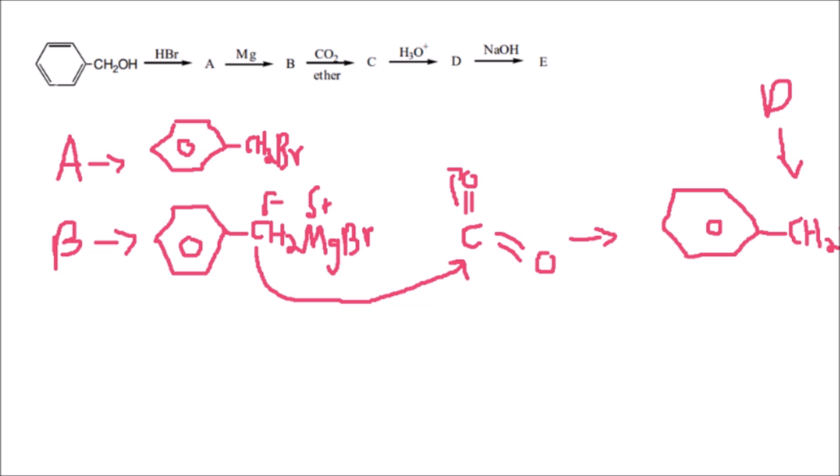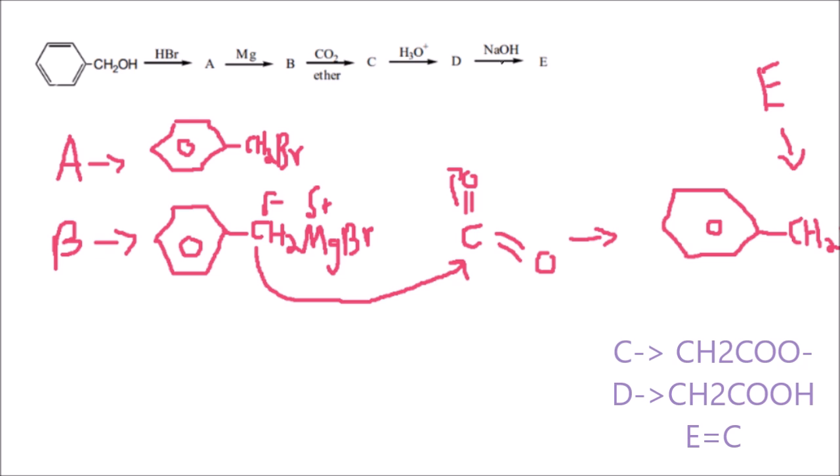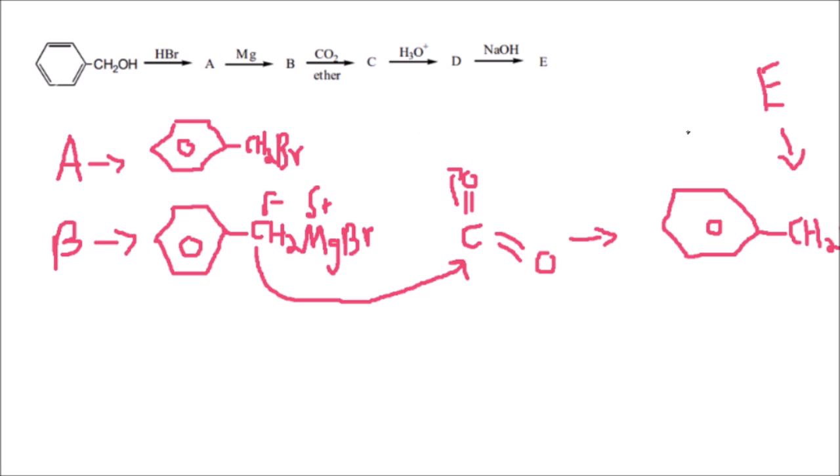So C was O minus here, and this is D. And if we react the carboxylic acid with a base, obviously the base is gonna deprotonate the carboxylic acid, so we're gonna get back to C. So this is D. E is gonna be without this hydrogen, O minus again, which I don't see the point of because we got back to C. Okay, so this is the first problem.